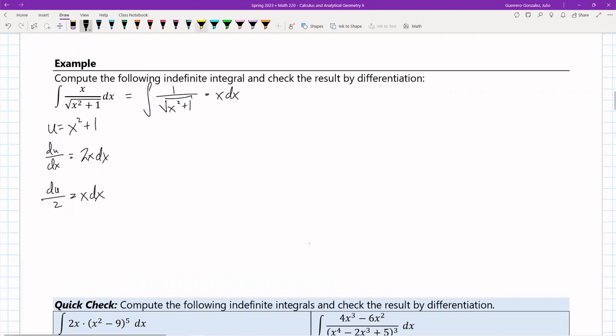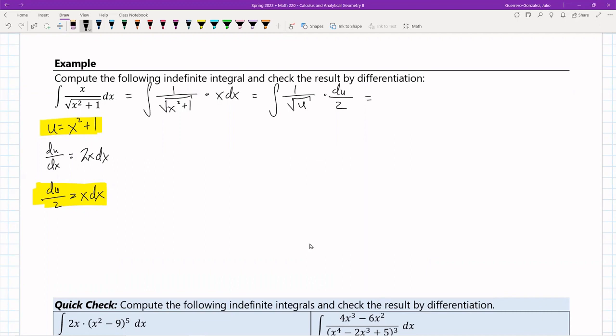Again, we're going to use the u and the du over 2 to substitute in here. So it's going to be the integral of 1 over the square root of u, and x dx is my du over 2.